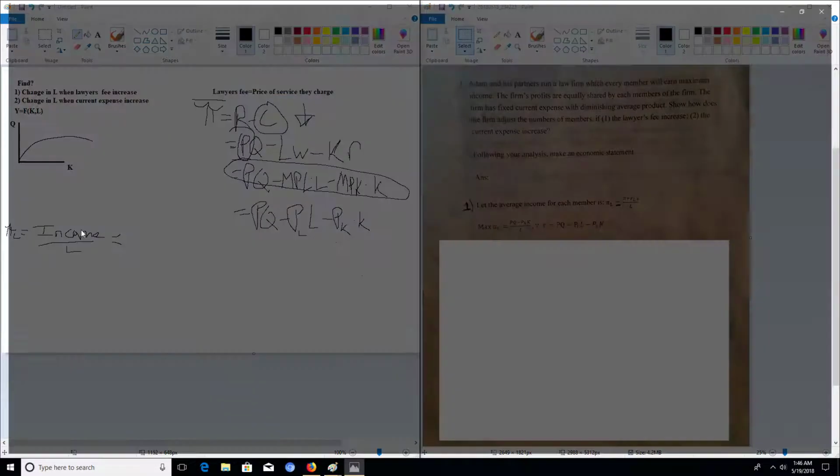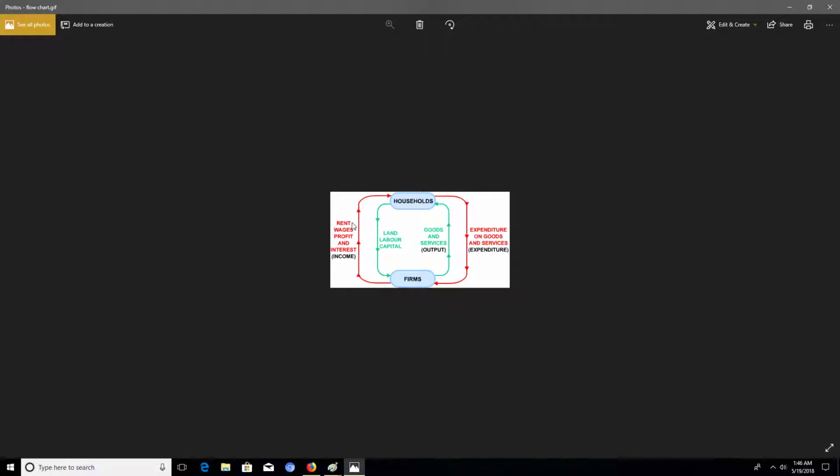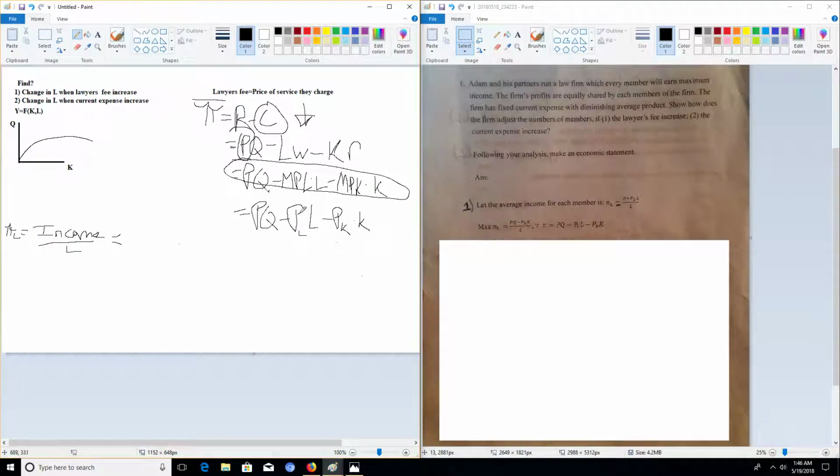Flow chart. Here. Income is composed of profit and wages and interest, right? In our situation, there's no rent and no interest, so it's just profit and wages. Income is total income, so it's total wages, right? The total amount of wages paid.